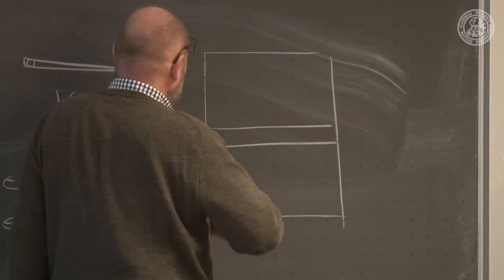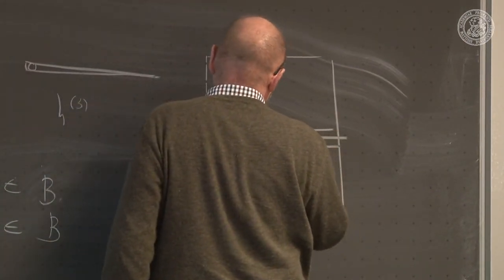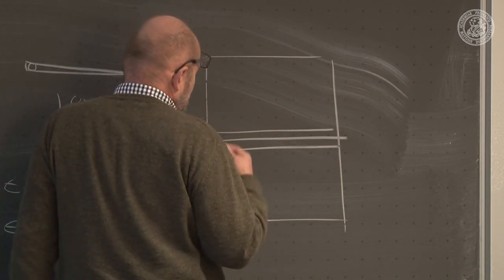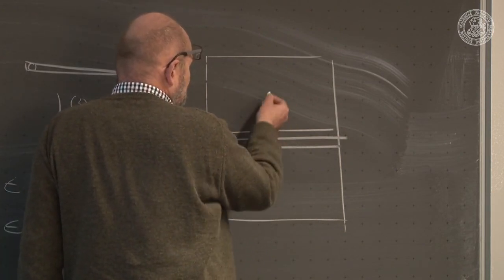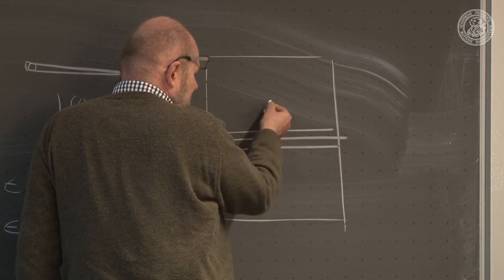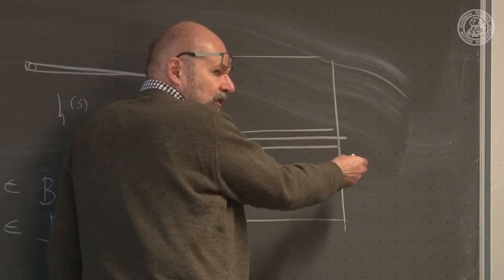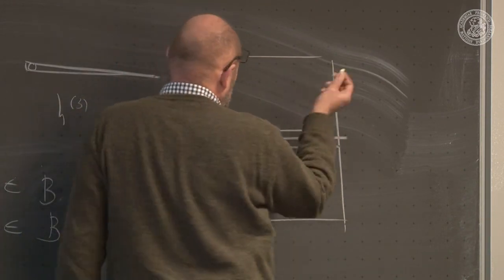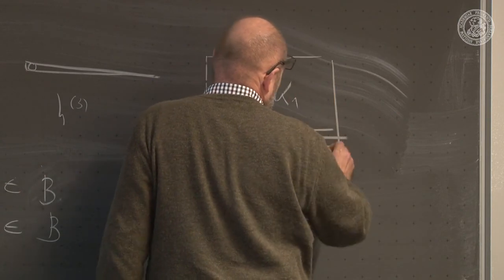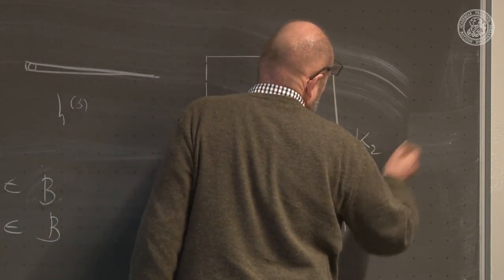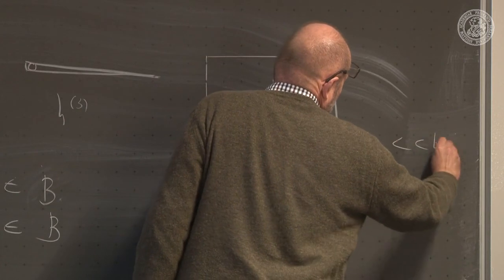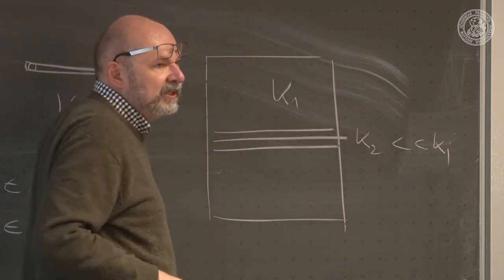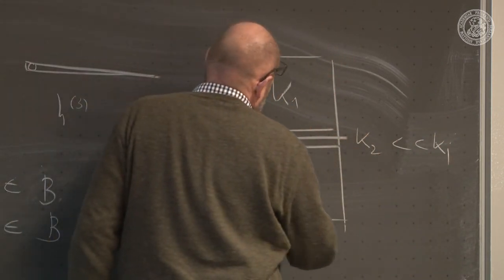We can imagine that the variations in this direction are much stronger than the variations in this direction, because here we have, let's say, a conductivity K1, here a K2, let's say much larger K1, so this is an insulator built in. Here we have K1 again, something like that.